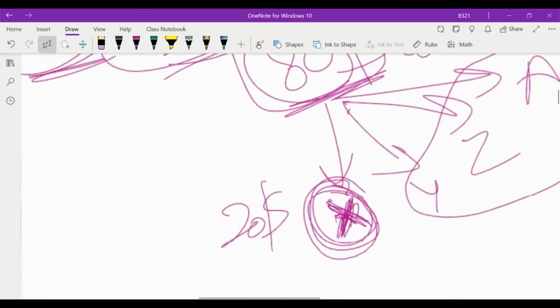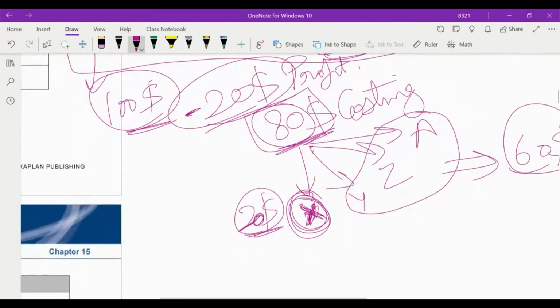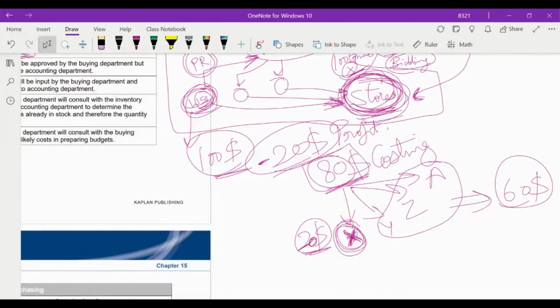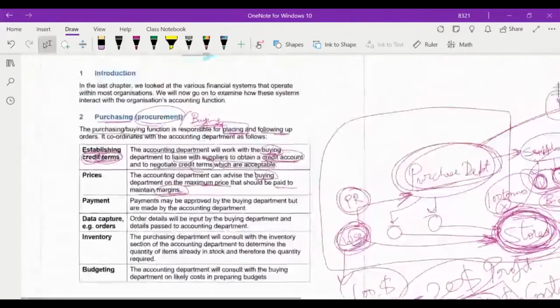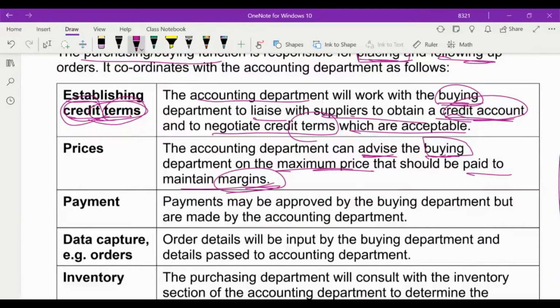And the reverse working gives us the decision that it should be procured for less than $20 per unit or something, right? So this $20, how is it worked out? This is worked out with the help of the accounting department. So that's how the accounting department advises. See, the accounting department is just helping the procurement department. It is the entire responsibility of the procurement department to select the best supplier and get the supply in time.